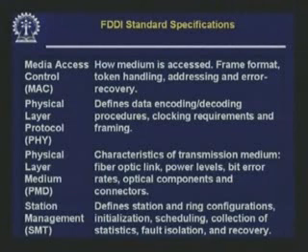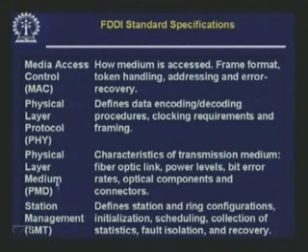The physical layer protocol defines the data encoding and decoding, how data is encoded and decoded, we will see this later, clocking requirements and framing. The physical layer medium covers characteristics of the transmission medium, fiber optic link, power levels, bit error rates, optical components, connectors, etc. So, that is also a part of the standard.